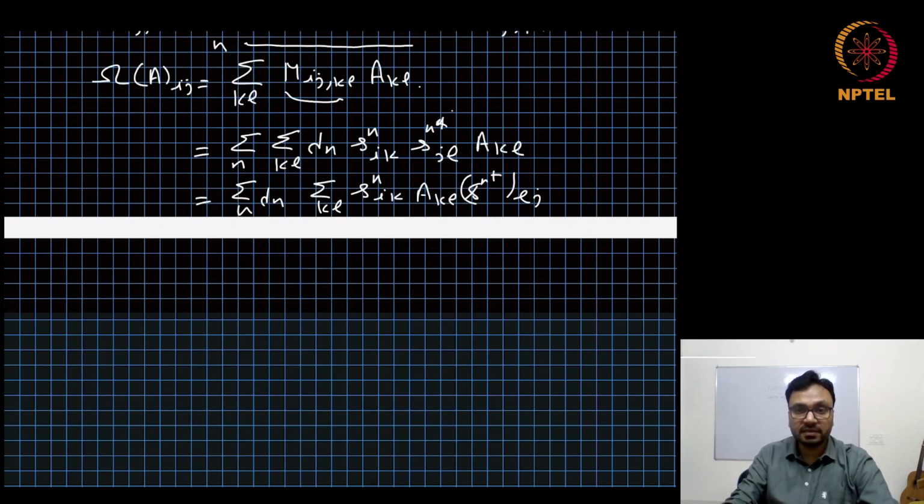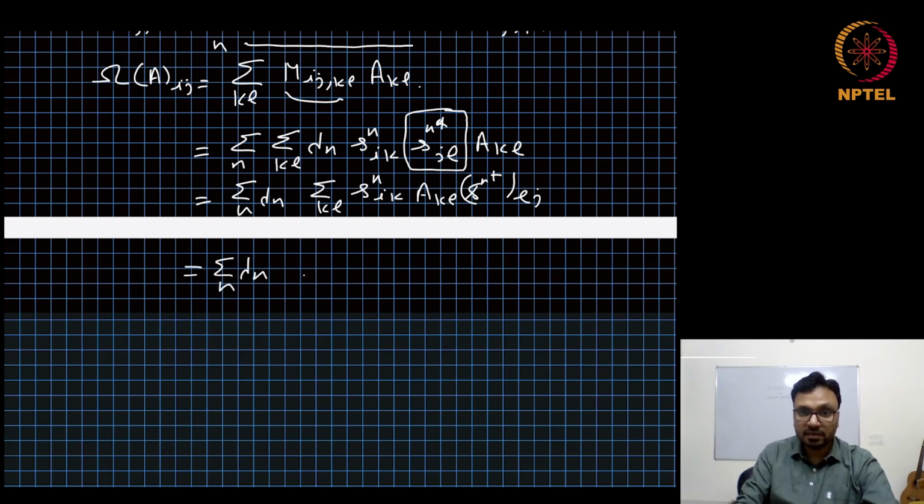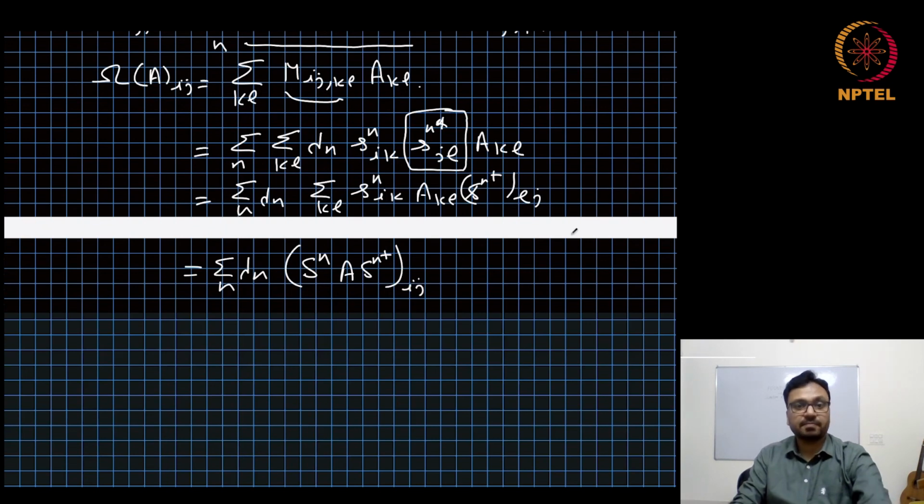So I have written this element, the complex conjugate, as S n dagger, and we have interchanged the indices j and l to l and j. So this will be equivalent to the ij element of S n A S n dagger.